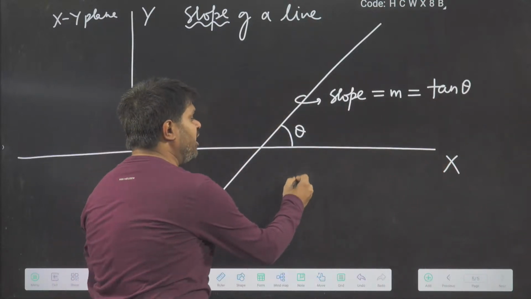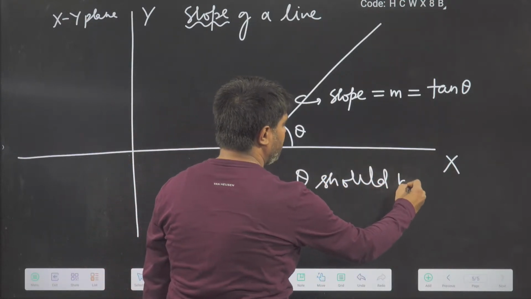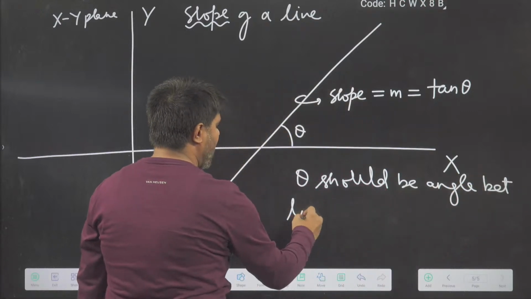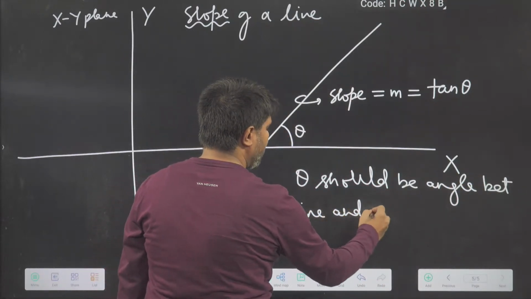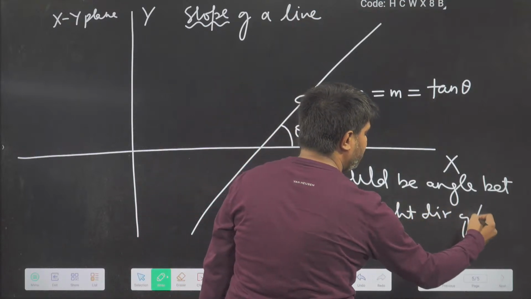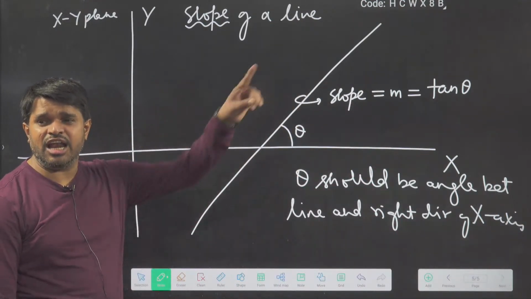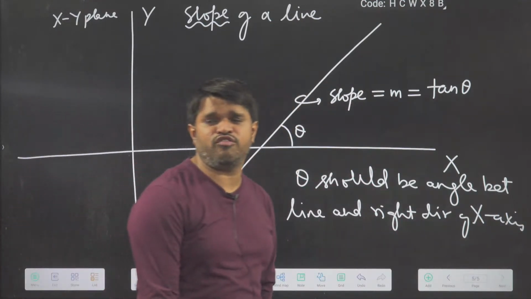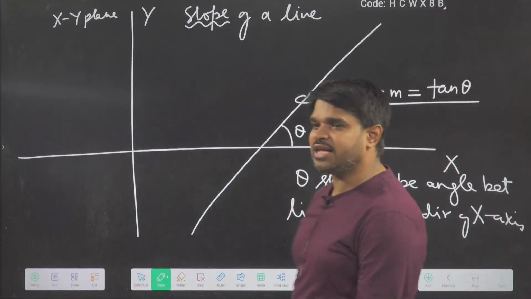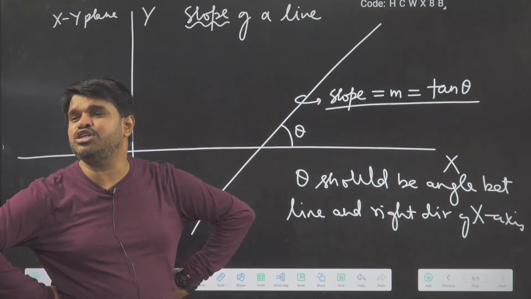Remember, theta should be the angle between the line and the right direction of the x-axis. So the formula of slope is tan theta.